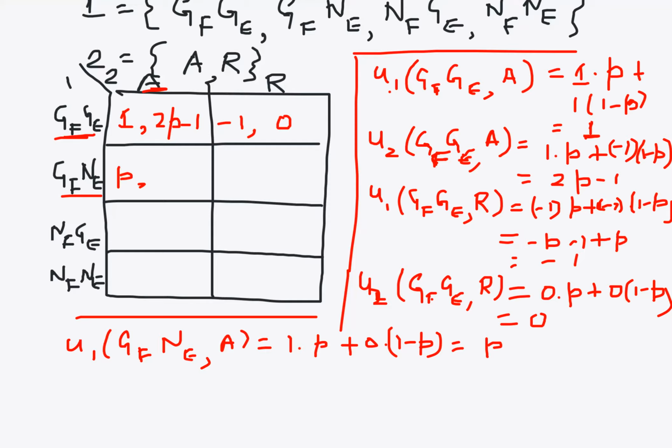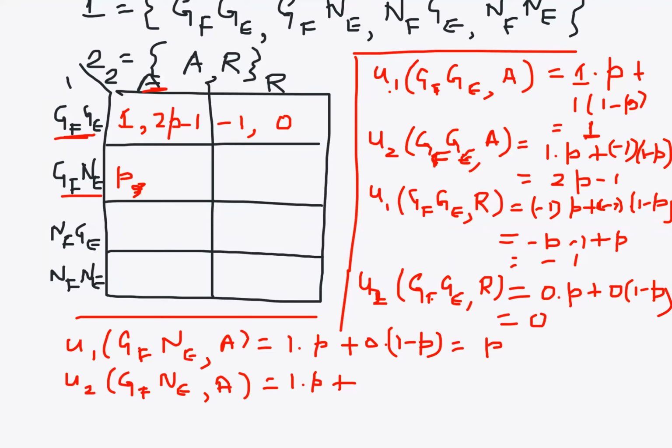And how about player 2? Similarly, we can calculate expected payoff of player 2 with the same strategy, GF, NE, and A. So if player 2 accepts the gift from the friend type, he gets 1 times P. And then player 1 does not give gift as an enemy type.